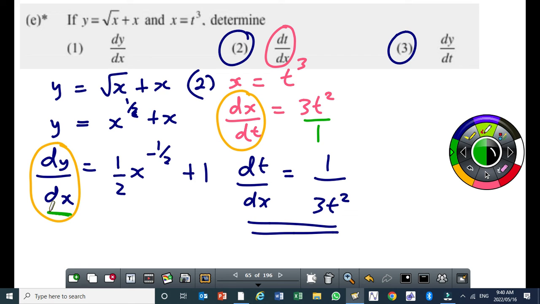But if we want to answer number 3, okay, dy over dt, right? That one now is going to be equal to, I'm sure you can agree with me that if I multiply this dy over dx by dx over dt, I'll get dy over dt.